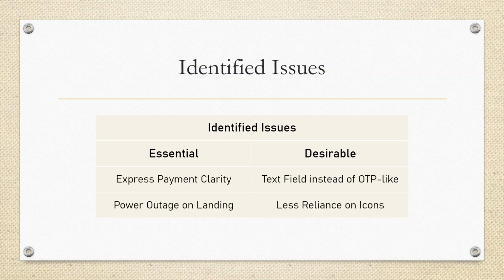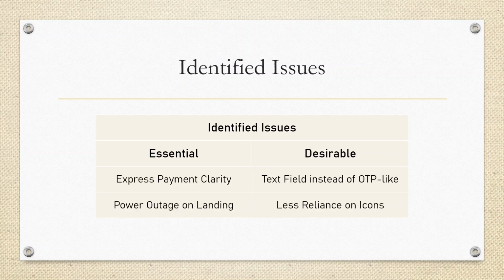The other one is the power outage on the landing page. When residents suffer a power outage, they want to get the information as quickly as possible, and maybe they open the landing page and see there's nothing to report the power outage on. They will just give up and immediately call the number on the electric bill.